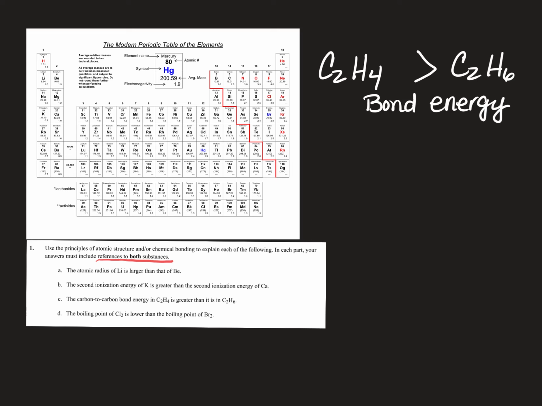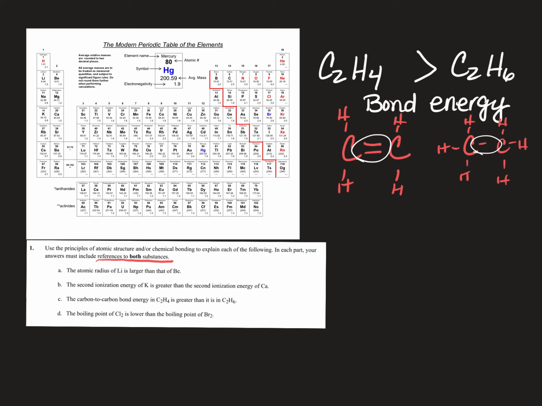So that means that this is going to likely require us to make a Lewis structure. So for C2H4, C2, we go to H4, 1, 2, 3, 4. So there must be a double bond. And C2H6, there's going to be a single bond. So the carbon to carbon bond energy, so they're talking about these bonds here.